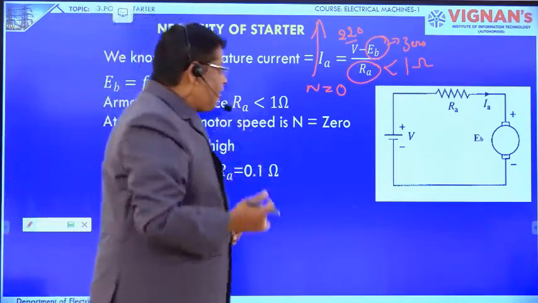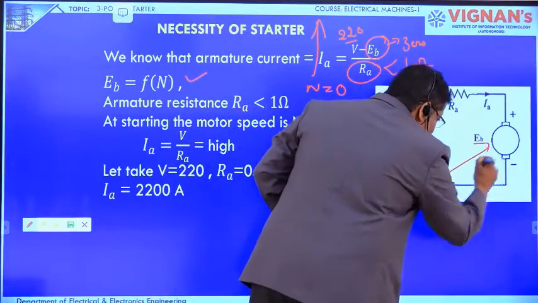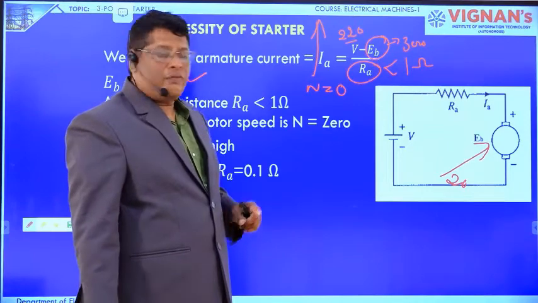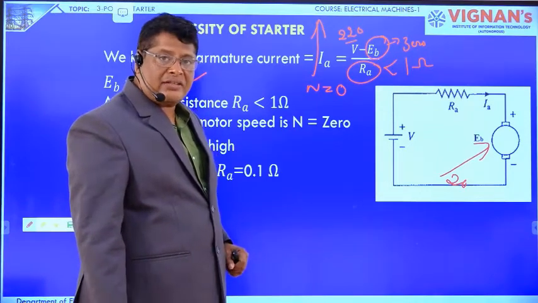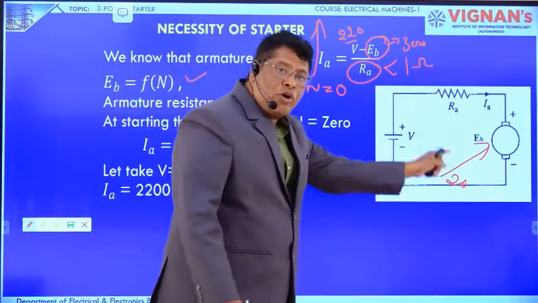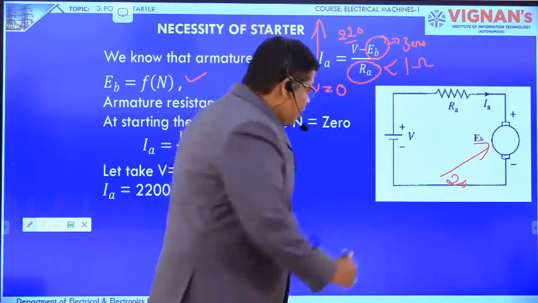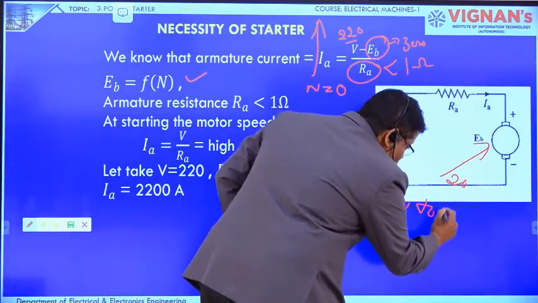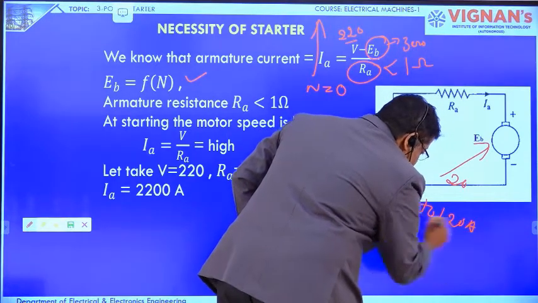Suppose the full load current of this motor is 20 amperes. At the time of starting, this motor will take 100 to 120 amperes.